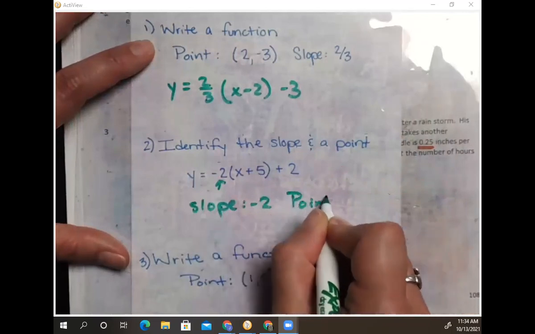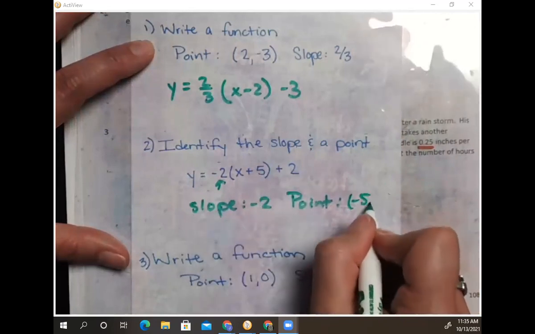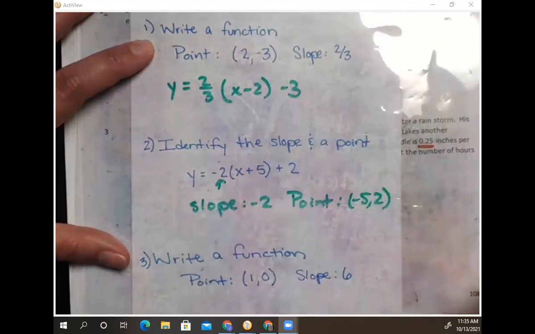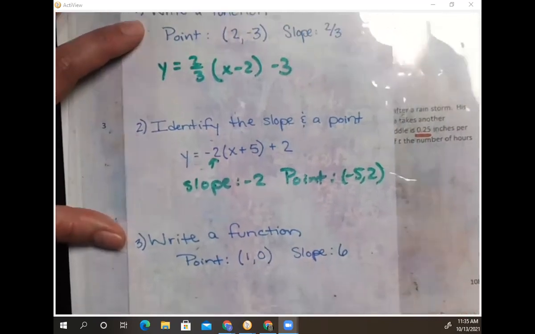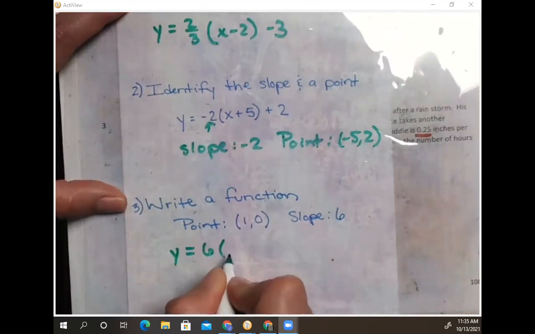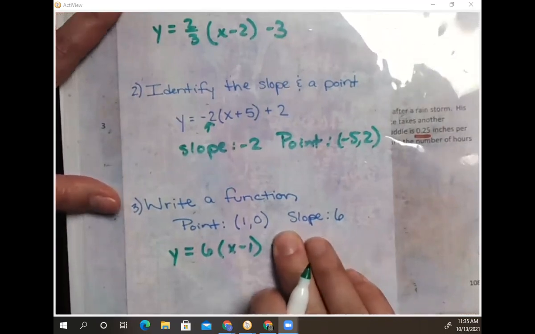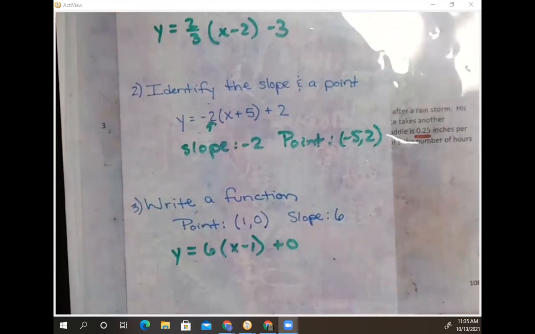The point I get from this equation would be -5, 2. And then for our last example here, write a function. This would be y equals 6 times x minus 1 plus 0. You could leave off the plus 0 and still be correct here.